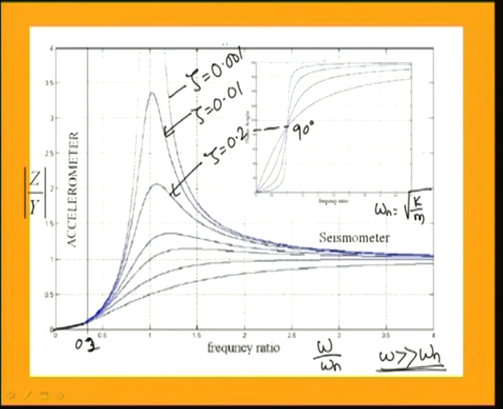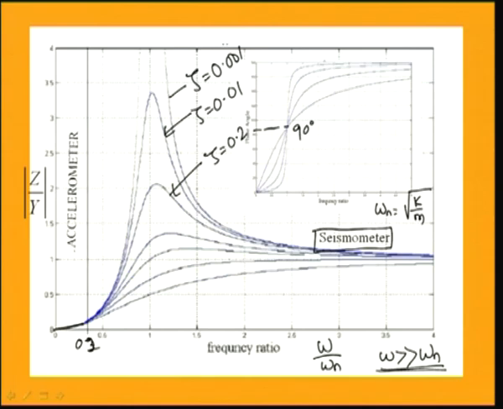In that case the relative displacement z will be equal to y, the displacement of the support motion. So, you can measure the amplitude of motion of the support, that is y, by this relative change in motion. In that case you can use this as a seismometer to measure the displacement of the system, and when the system has a very high natural frequency, then you can use this as an accelerometer.